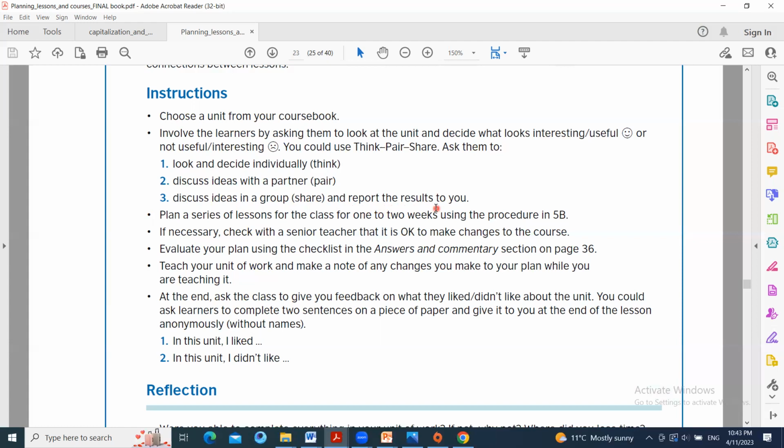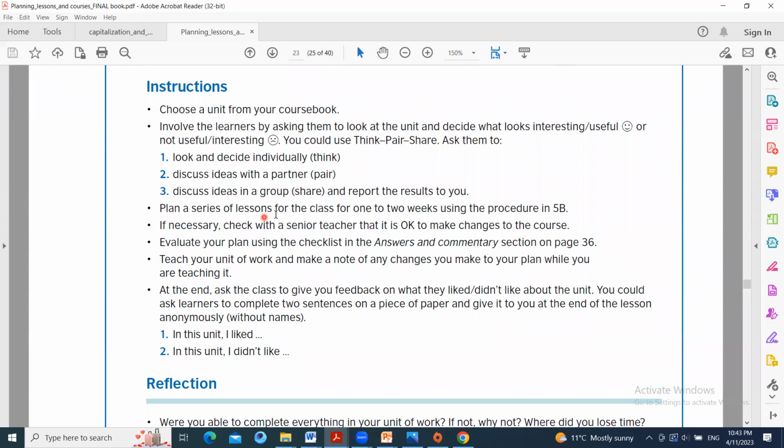When I say think, that means look and decide individually by yourself, then discuss with a partner. Pair means discuss your idea with some other partner, and share means to share and report your results.